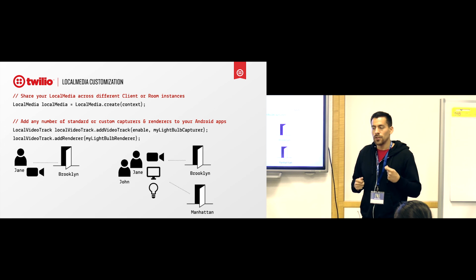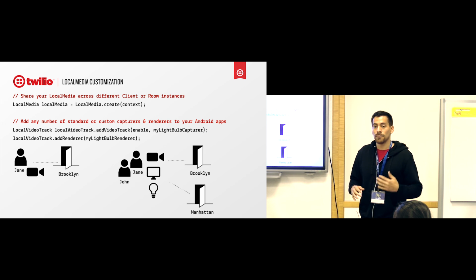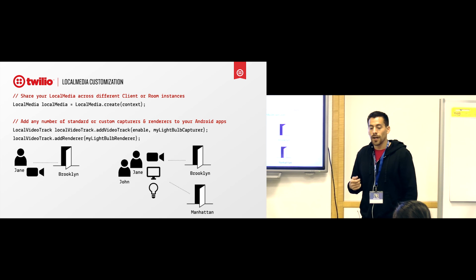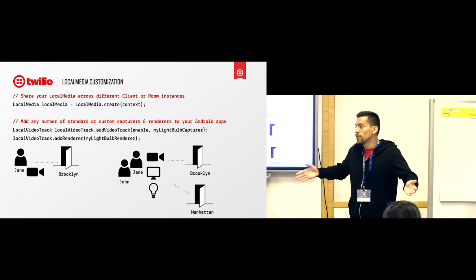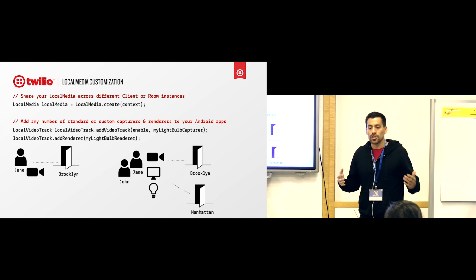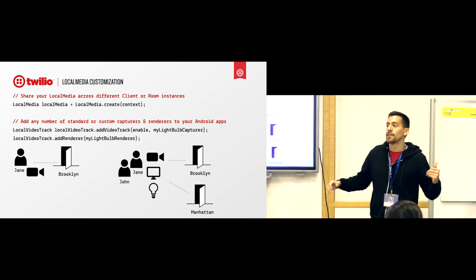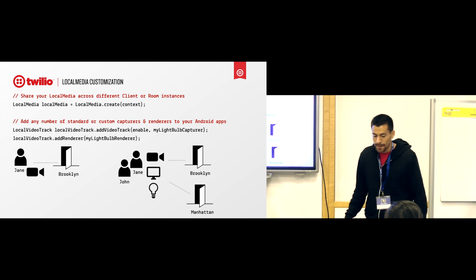So you can use your local media across different clients with different identities. You could have a John and Jane both using the exact same local media. You can also use the same local media to enter different rooms, so you could be in 2 rooms sharing the same streams. There's any number of permutations. You can create multiple instances of local media and provide different capture functionality.